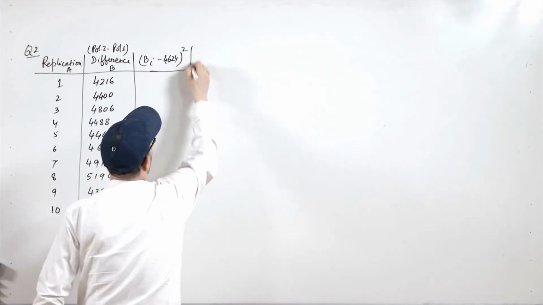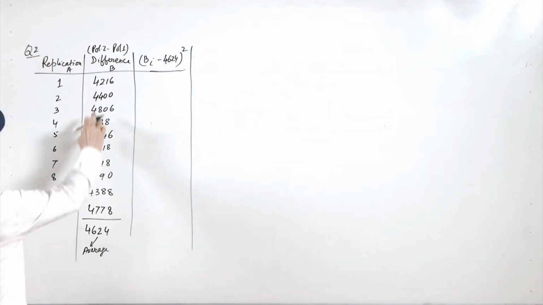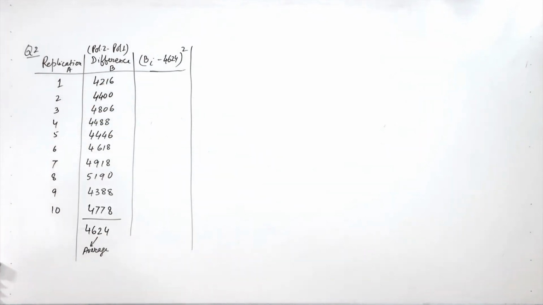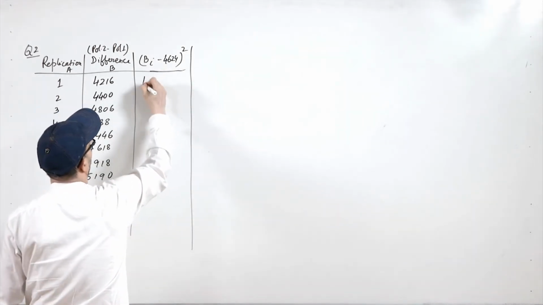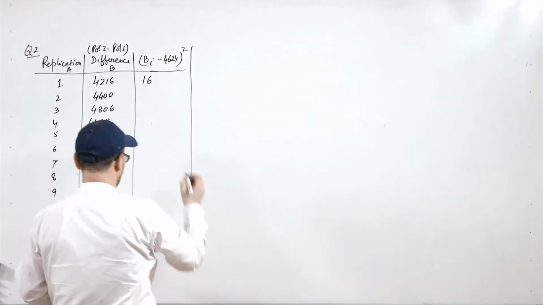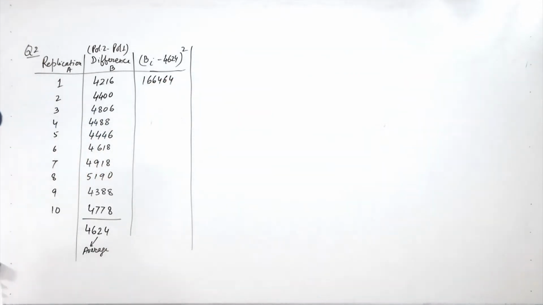So you will have this column again. If you look at 4624 minus 4216, it will be 408. So 408 will have the square of 166464.